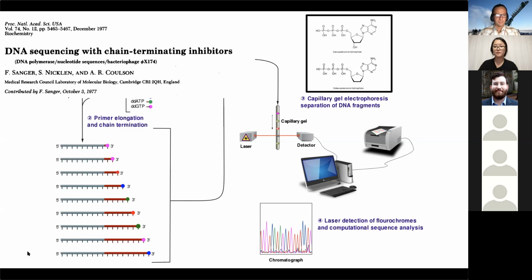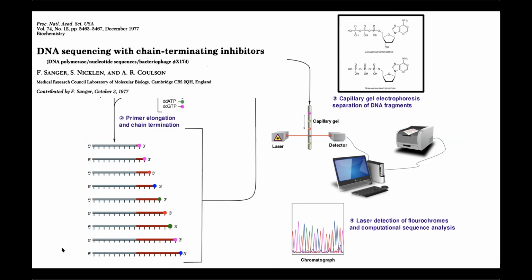The actual details are not that important, but fundamentally, what you do is, like I said, you modify a natural reaction of copying DNA. The technical innovation was that you can take the nucleotides that normally would have been incorporated when the molecule is extended, double-stranded DNA, and modify them in two different ways.